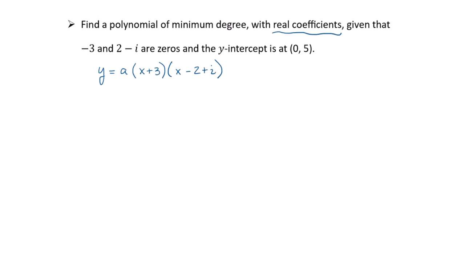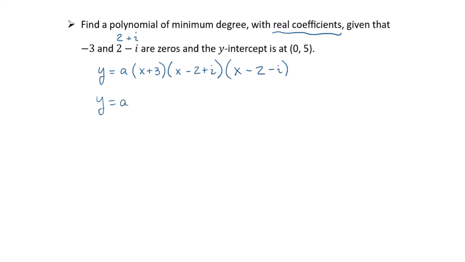I know that if 2 minus i is a 0, then its complex conjugate 2 plus i is also a 0. And the factor that makes is going to be x minus 2 minus i. Now we can go ahead and multiply this together, and then we'll work at making sure that our y-intercept is at 0, 5.